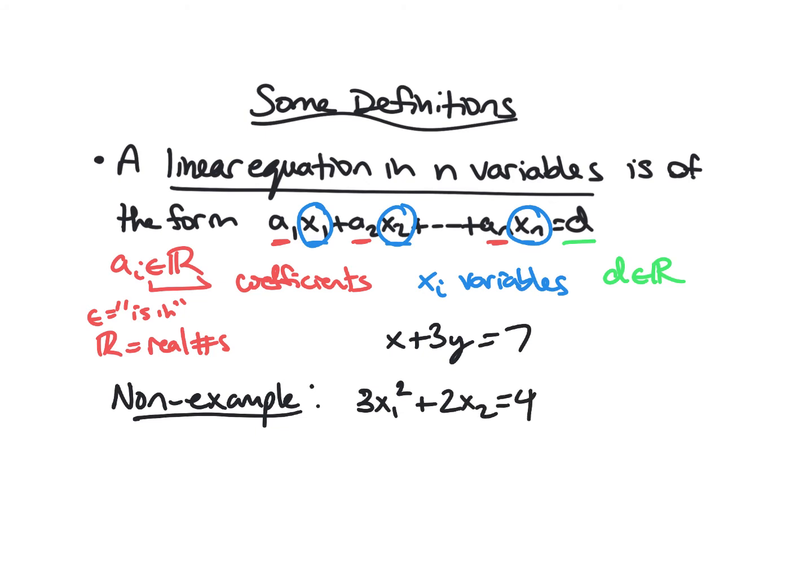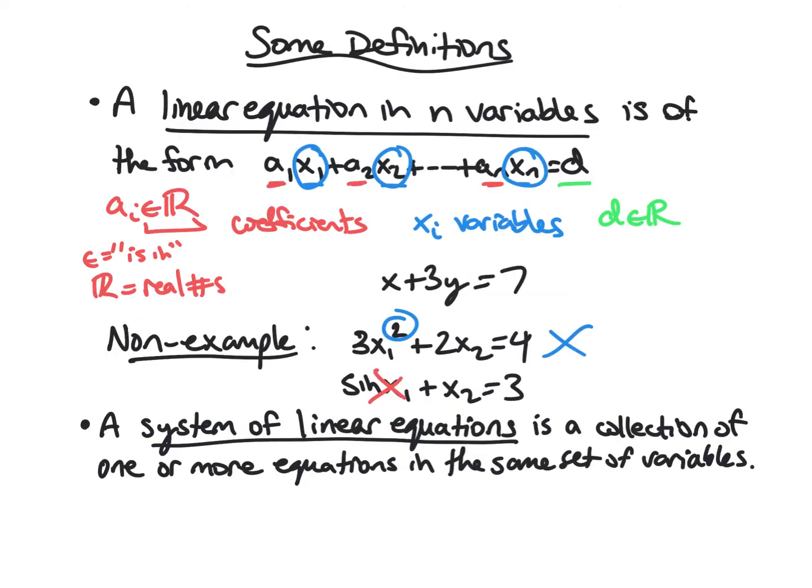This 2 here is bad. This would be quadratic, not linear. Something else that would be weird is a trig function or an exponential function; those also would not be linear. So this sine, bad. Not going to be a linear equation.